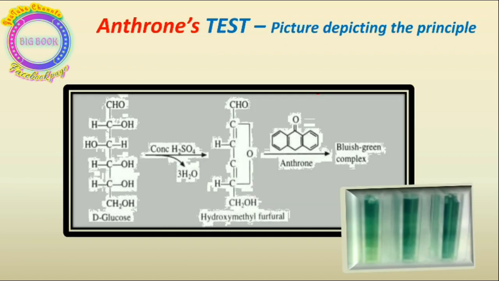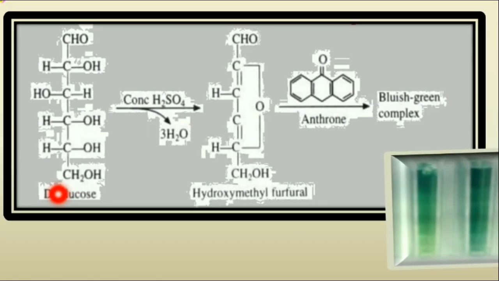We will slightly discuss the principle in the form of the formula. This is D-glucose, that is dextrose, and it reacts with H2SO4, giving out 3 water molecules and forming hydroxymethyl furfural, which on adding anthrone gives the bluish green complex.